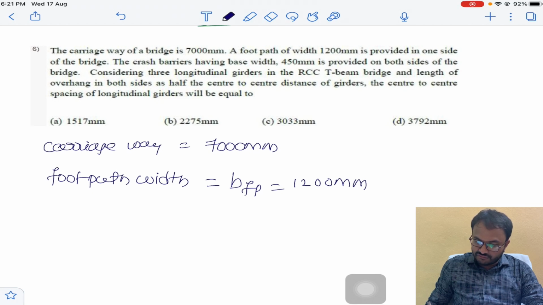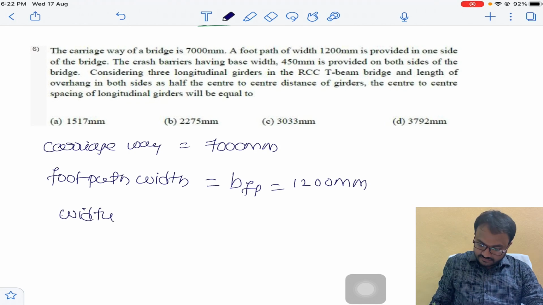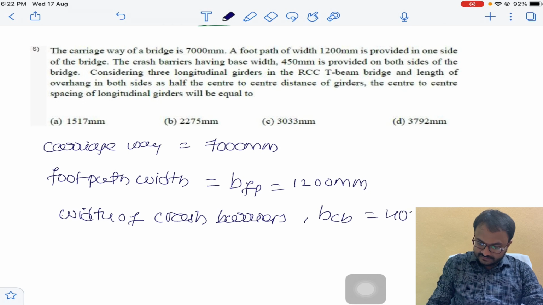Crash barriers having base width 450 mm are provided on both sides. That is, there are 2 crash barriers, one on the left and another on the right. So that is the width of crash barriers, B CB, equal to 450 mm.